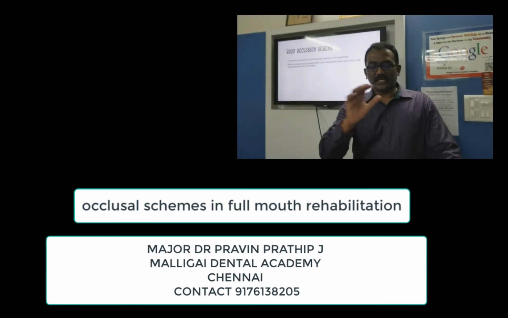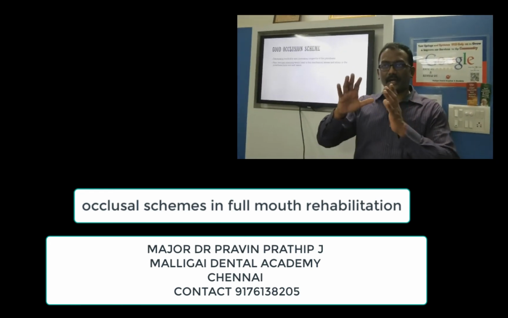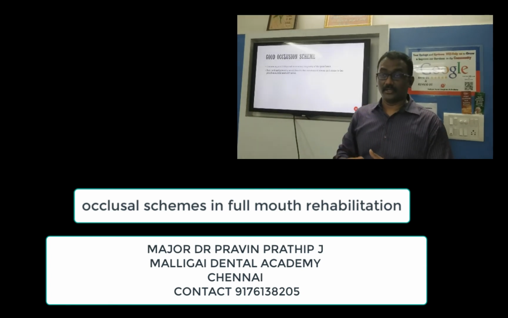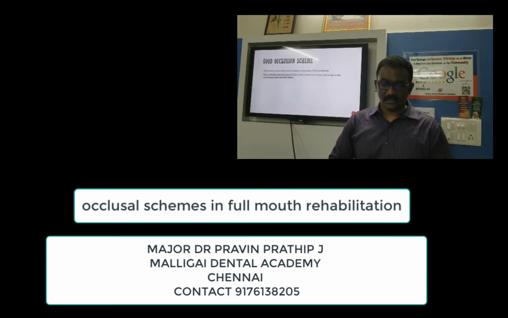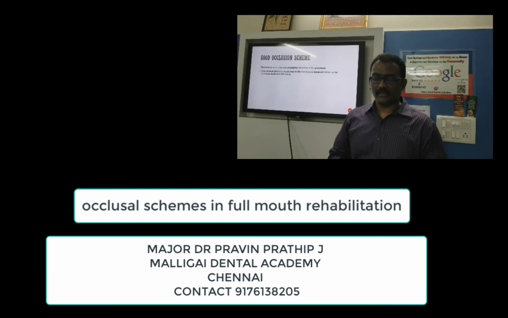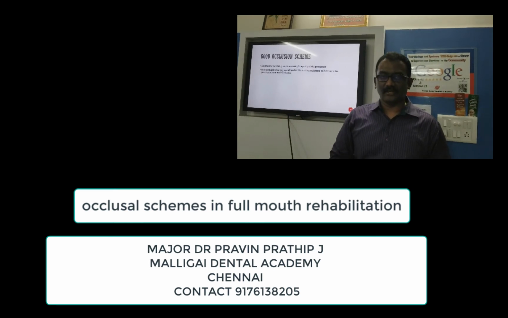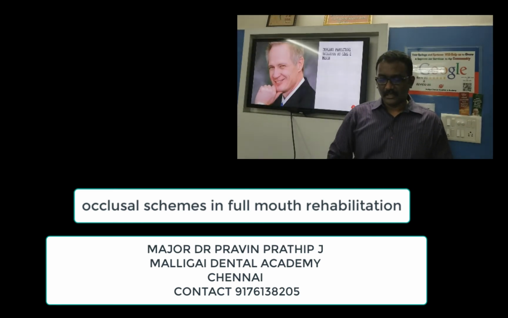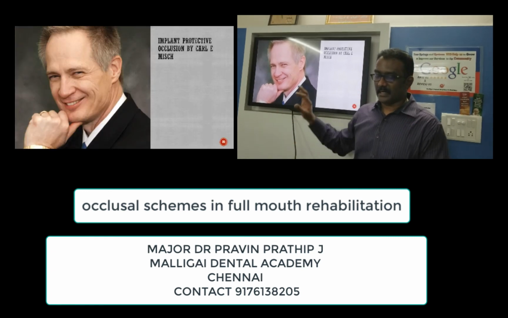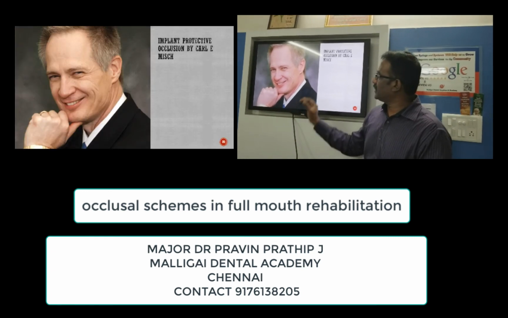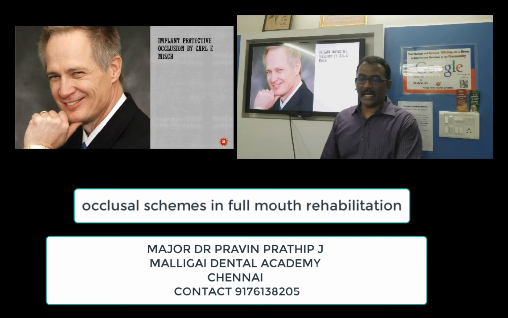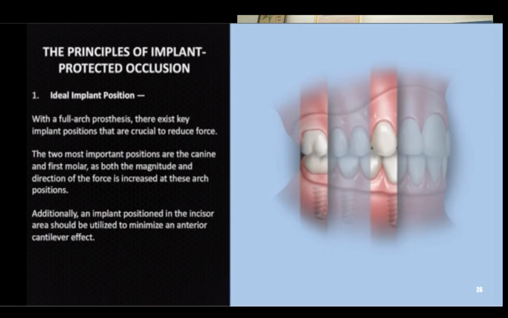A good occlusal scheme is necessary for avoiding morbidity of your prosthesis and also to increase its longevity. Poor occlusal planning would lead to biomechanical stress and strain to the prosthesis, bone and soft tissue. This is by Carl Misch. Carl Misch has given us the idea of implant protective occlusion. The first thing is the implant should be in ideal position.